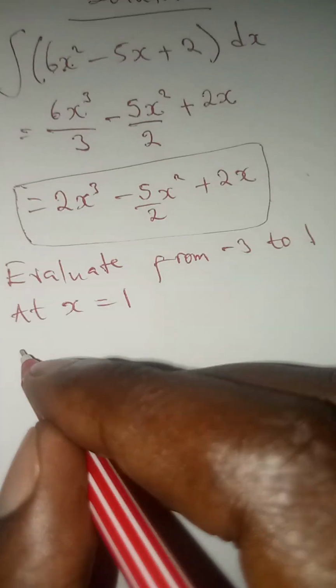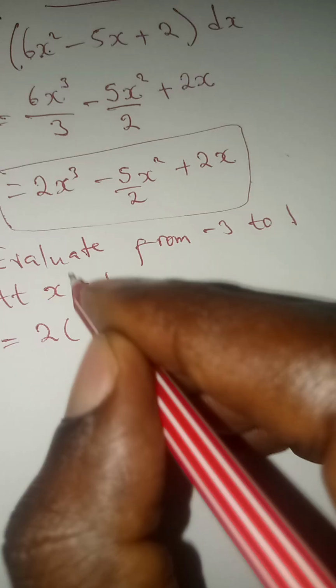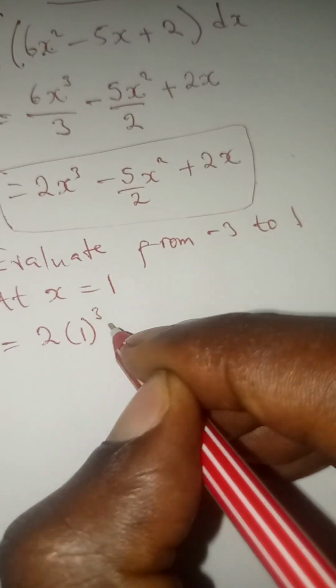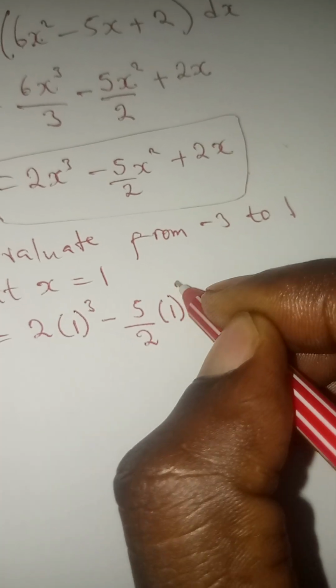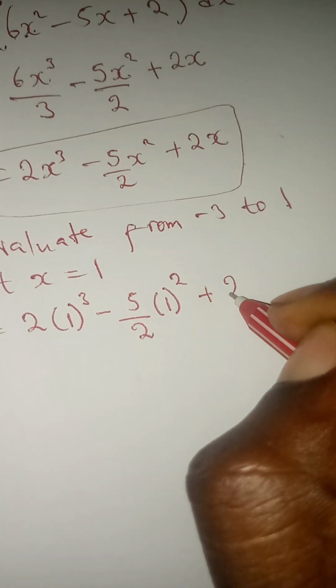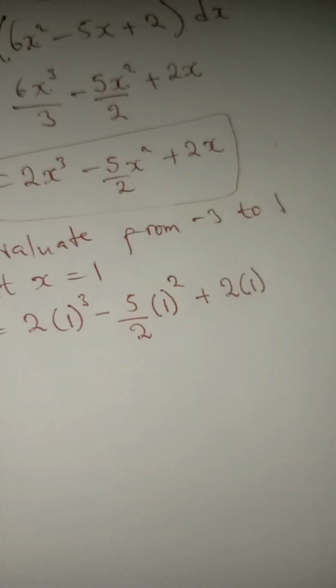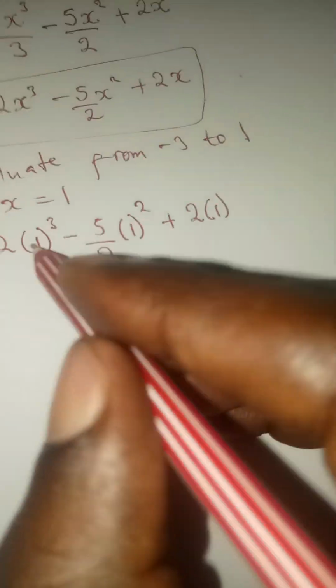So we put 2 times 1 to the power 3, minus 5 over 2 times 1 to the power 2, plus 2 times 1.